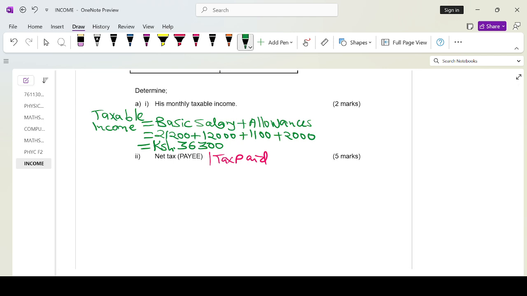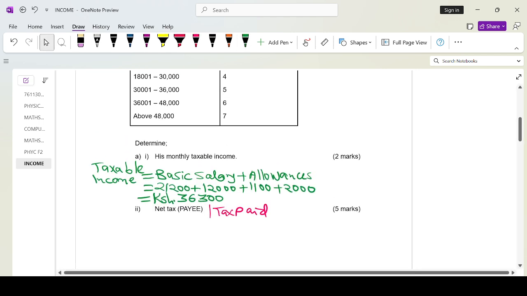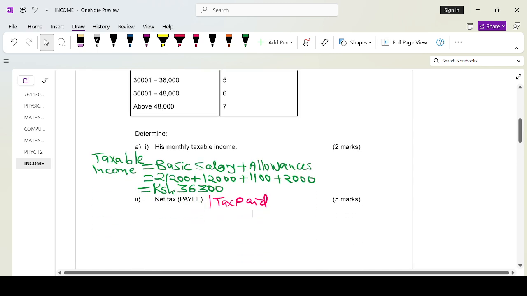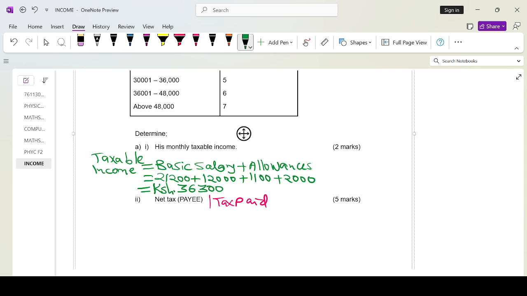So for us to get the tax paid, because you know that tax is going to be levied from the 36,300, we are now going to tax this amount.